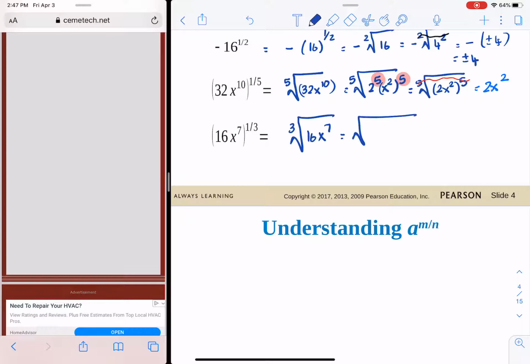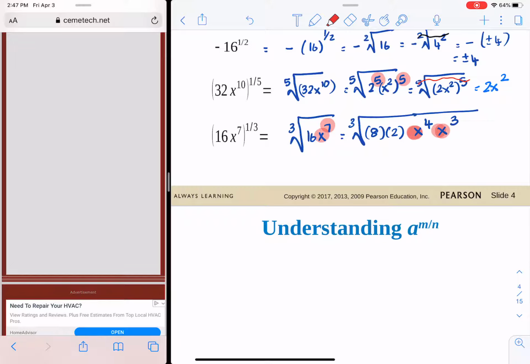So we could write 16 as 8 times 2, and we could write x raised to 7 as x raised to 4 times x raised to 3. Using principles of exponents, if the bases are identical, we can simply add the powers. So 4 plus 3 is 7. So I'm rewriting x raised to 7 as x raised to 4 times x raised to 3.